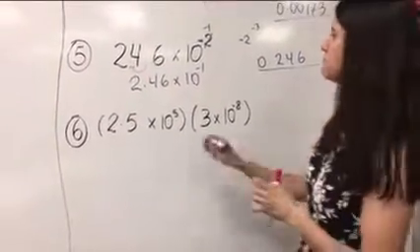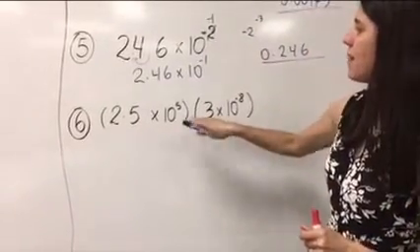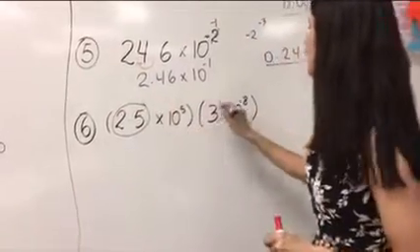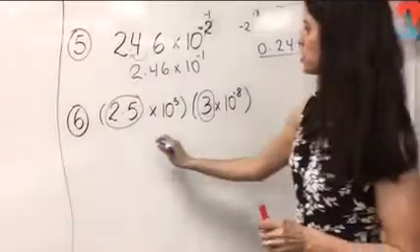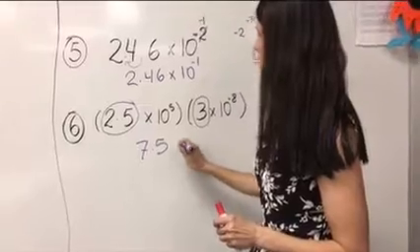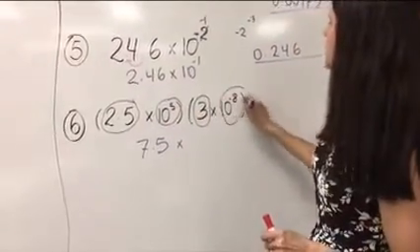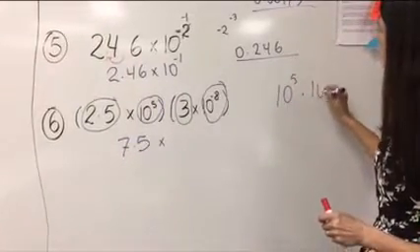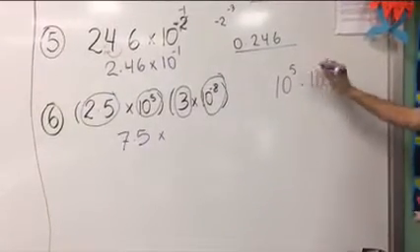Easy peasy, this one. And remember, whenever you don't see anything here, that is multiplication. So for multiplication, I'm just going to multiply the numbers part of it. So it's 2.5 times 3, which if you do the math there, you're going to get 7.5 times, well, when you multiply 10 to the 5th times 10 to the -8, you're going to add the exponents.